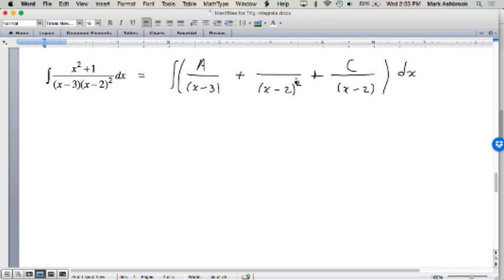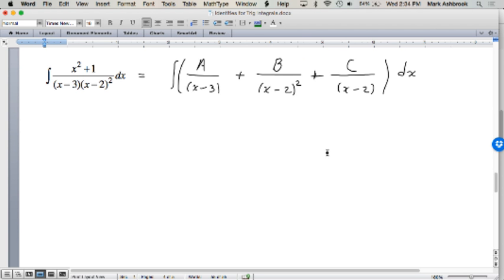It's only if it's an irreducible quadratic that you would do a linear term up top. Remember I said it's one less: you're always going to pick an unknown expression that has one less degree in the top. But if you have any power of a linear term, you still consider that linear. So one less than linear is still constant. We still think of x minus 2 squared as linear, so we just use a constant up top.